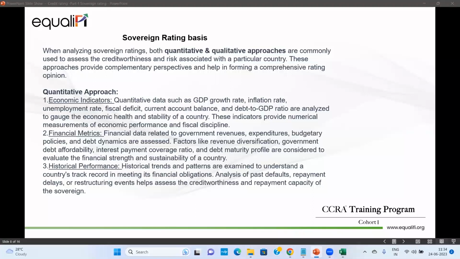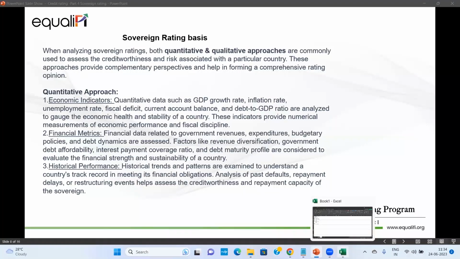Can I mention debt to reserve ratio? Yes, no. When I talk about debt affordability, debt to reserve ratio, we can, right? Next is interest payment coverage ratio. So reserve could be forex reserve, gold reserve, cash reserve, could be any reserve.